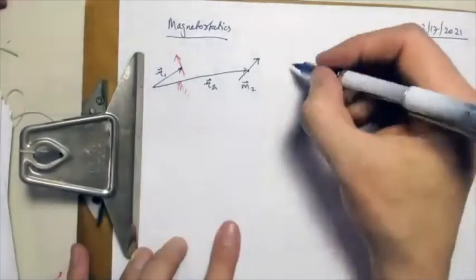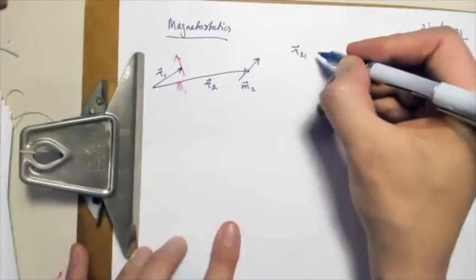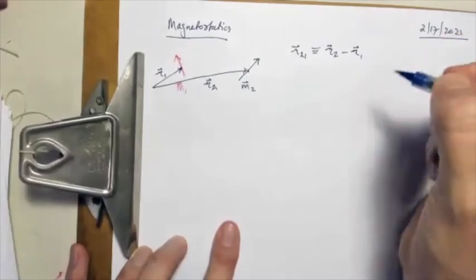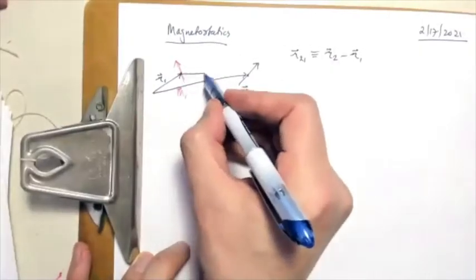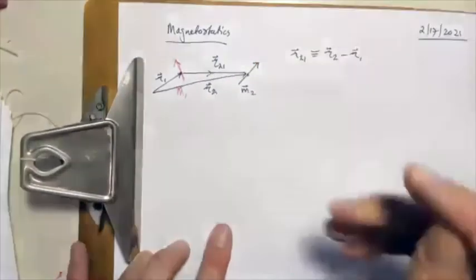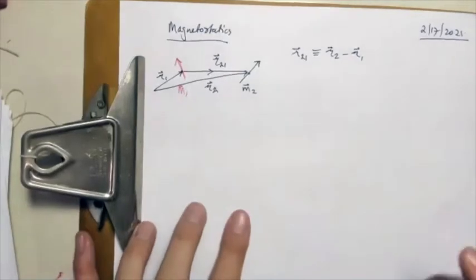And then of course, by definition, the difference between those two position vectors is the vector that's joining R1 and R2.